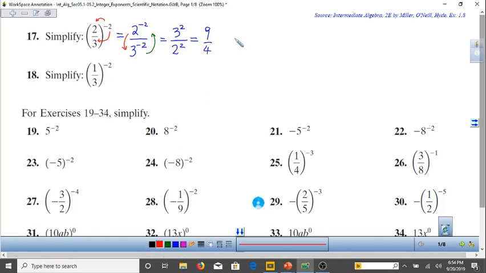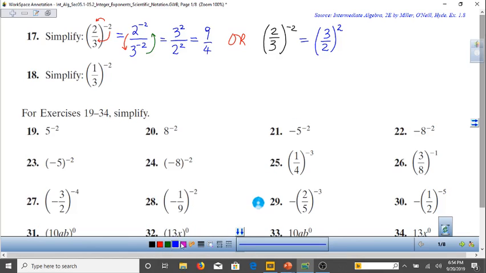So that's one method. Another method is to actually do the flipping first. I can flip the fraction. When I flip the fraction, 3 over 2, the exponent becomes a positive 2.